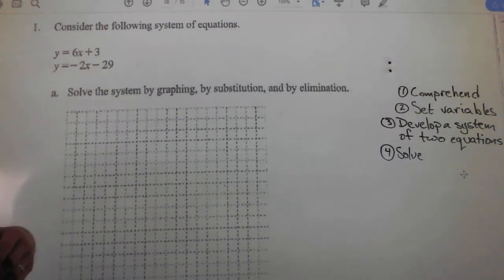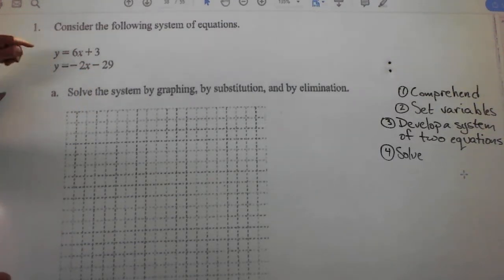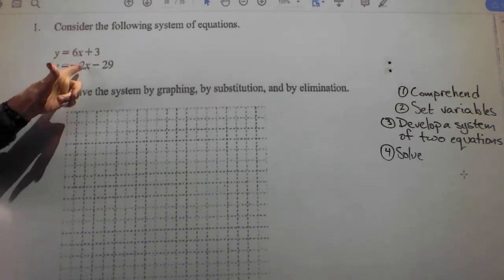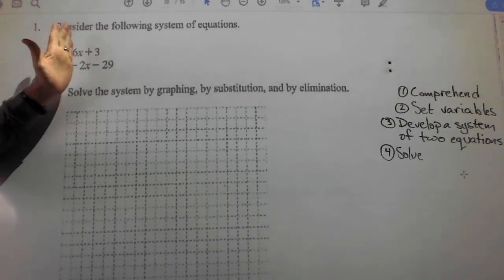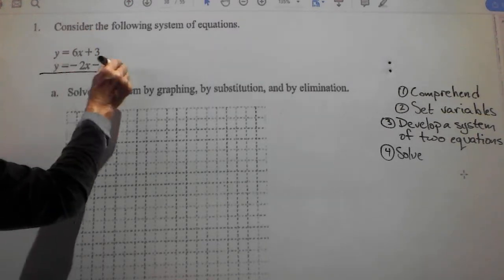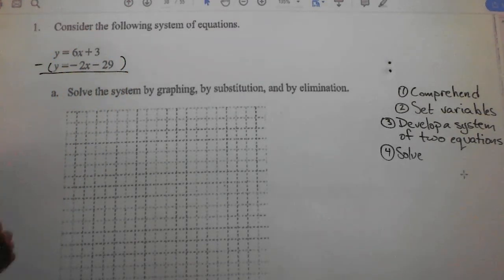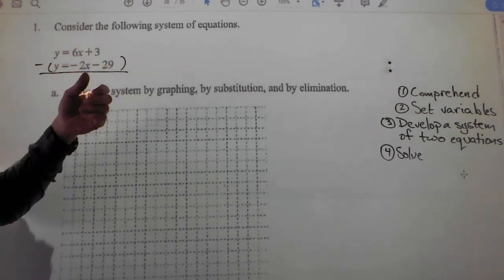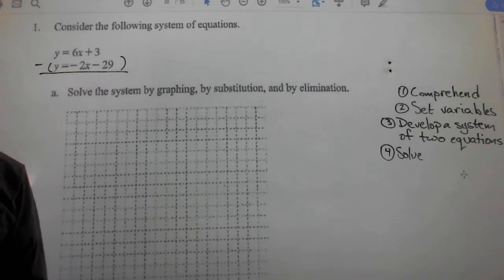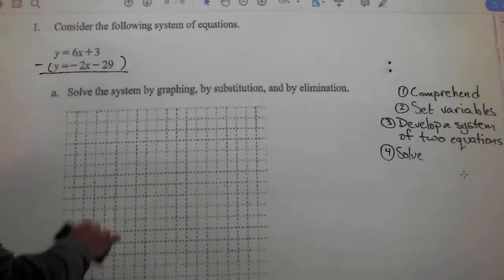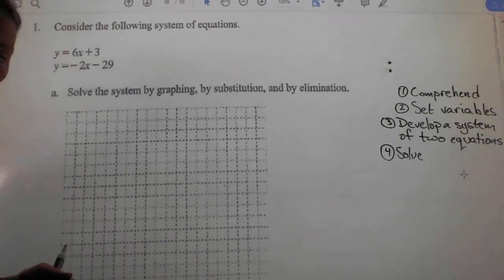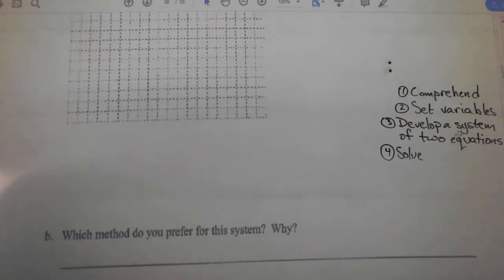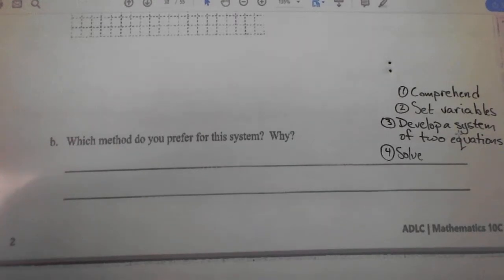But if you look at this, you'll see that we also have the same coefficient in front of our y's. Our equations are written so that everything lines up nicely, so you could very quickly use elimination. You could subtract y equals negative 2x minus 29 from y equals 6x plus 3. So in this case, they're all pretty easy, right? They're all pretty user-friendly. So it just boils down to what you prefer.